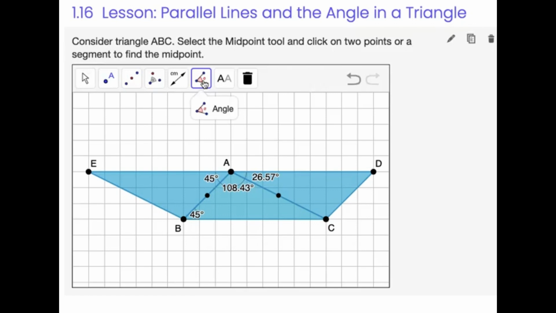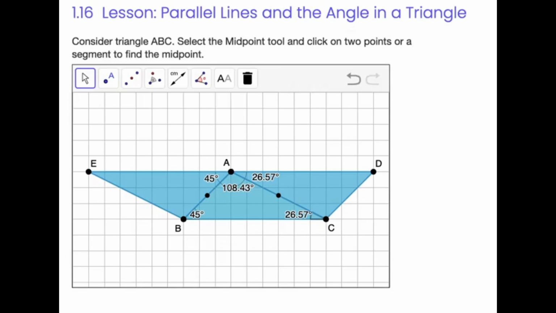Let's measure and make sure that that's correct. And we do get 26.57 degrees for that angle as well.